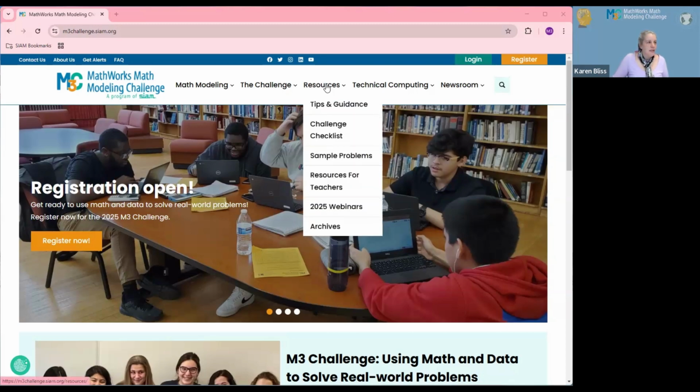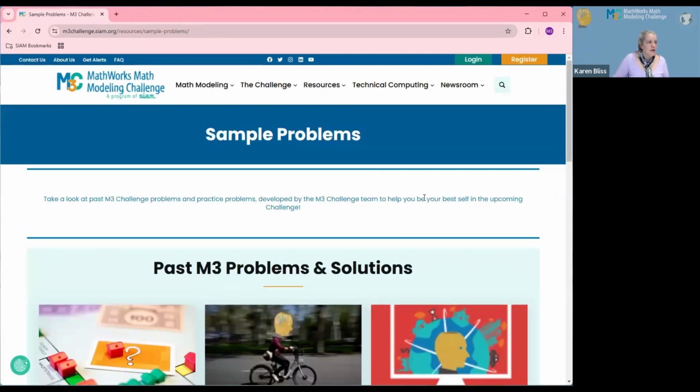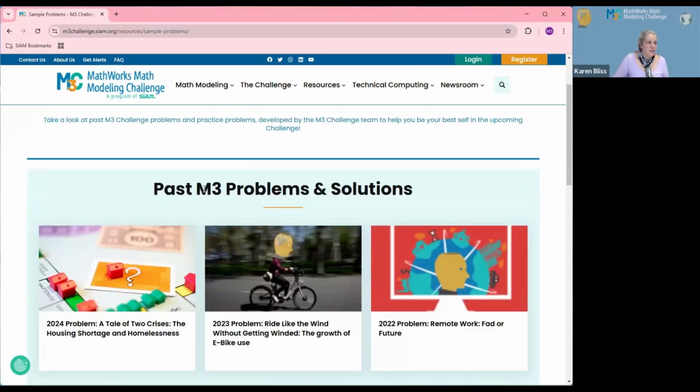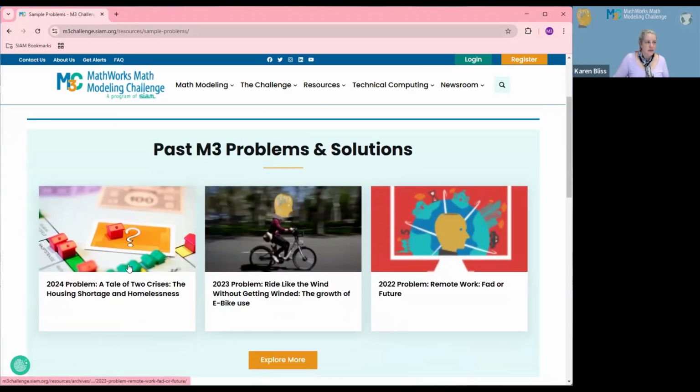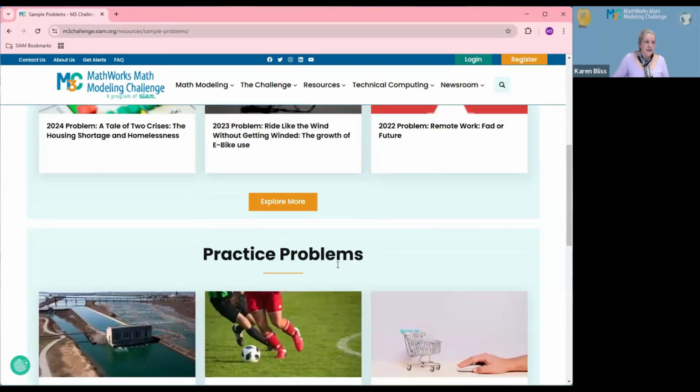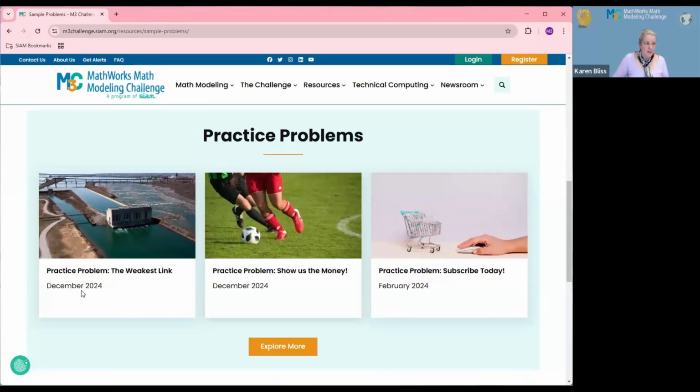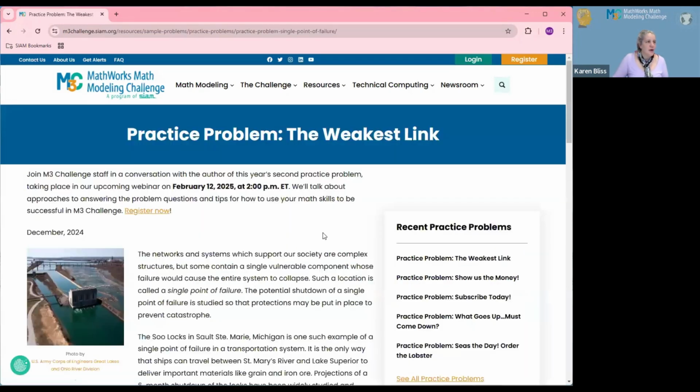If I'm on the website and I come up here to resources, you'll notice this menu item called sample problems. If I click on sample problems, there are 2 types of sample problems. There's past challenge problems, which are the actual challenge problems from the past few years. And then there are also these practice problems. Today, that's what we're talking about. This practice problem is called the weakest link.